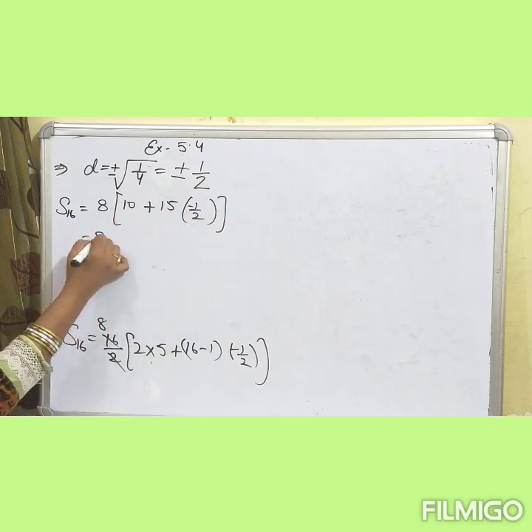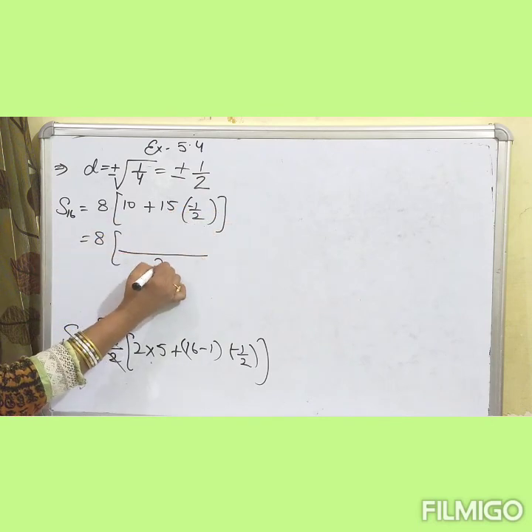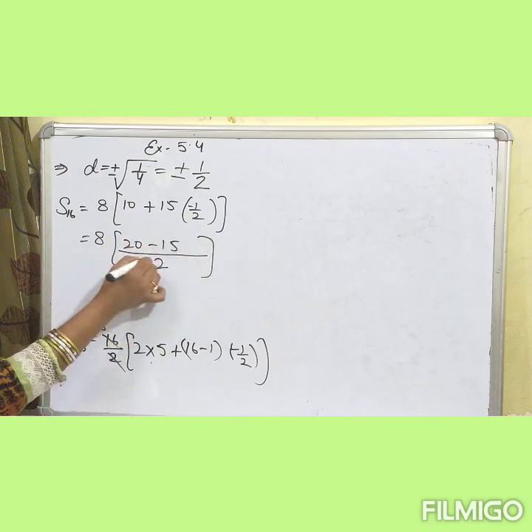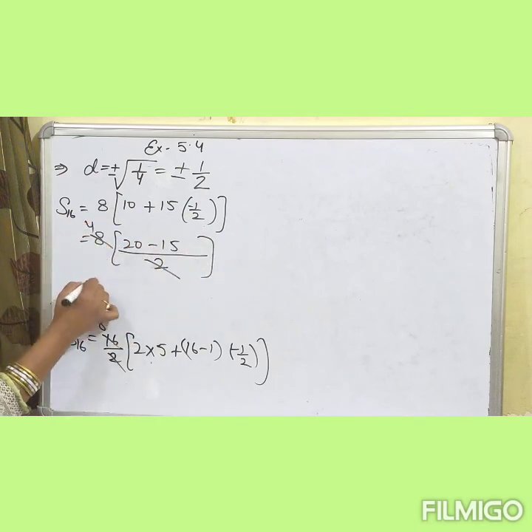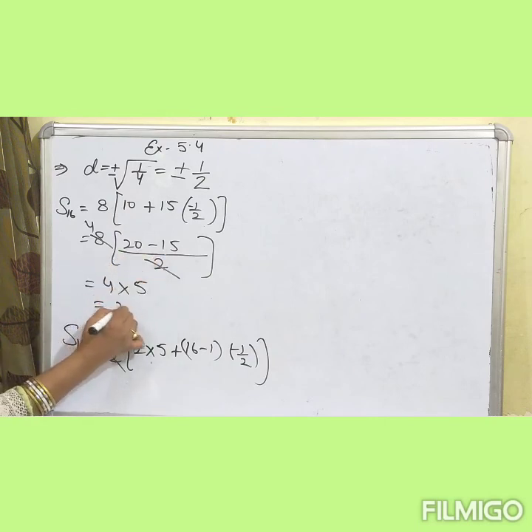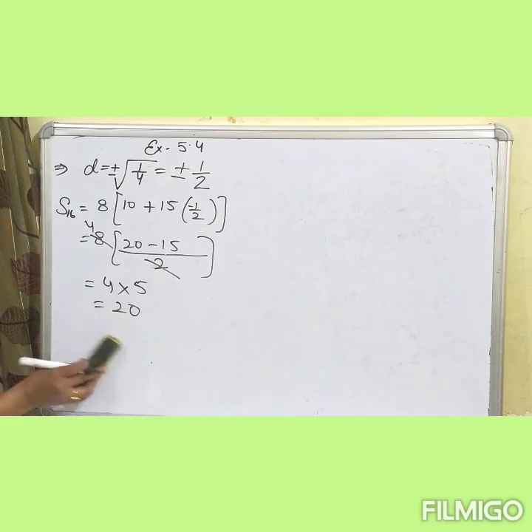Take LCM again, this is 2, 20 minus 15, and this will cancel out, 4 into 20 minus 15 is 5, and 4 5s are 20. So from the second case, we get the value of S16 as 20.